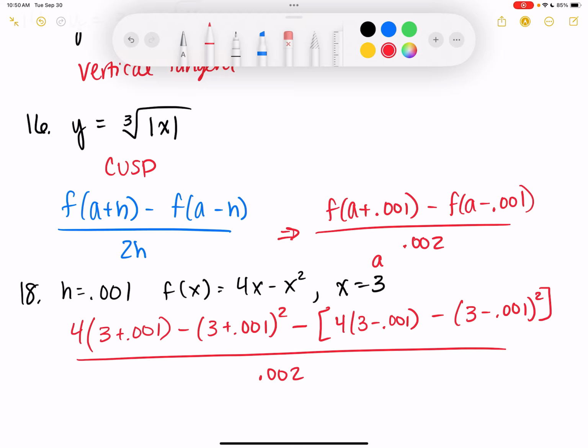It doesn't really matter, but I like to type things in as a fraction. 4 times 3.001 minus 3.001 squared minus parentheses... Oops.